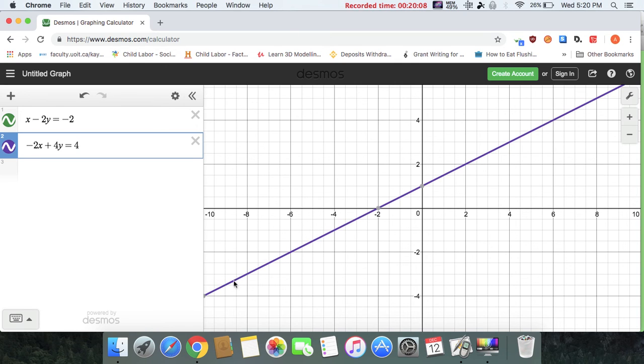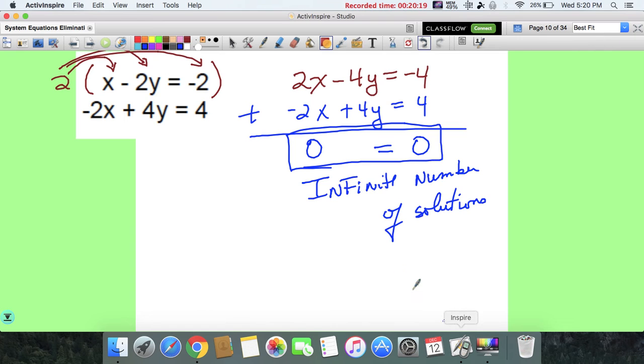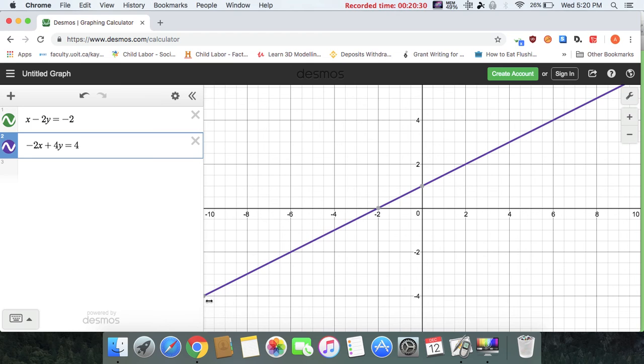So that means that any point that I pick on this line will satisfy both of these equations because they're on top of each other. And that means that there's an infinite number of solutions as long as they're both on this line.